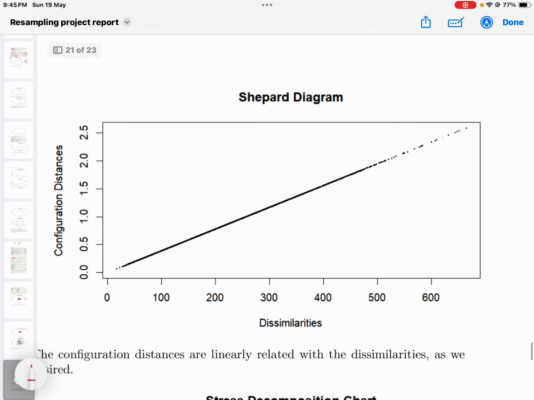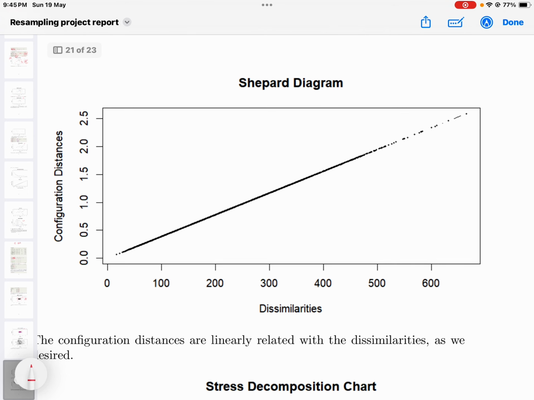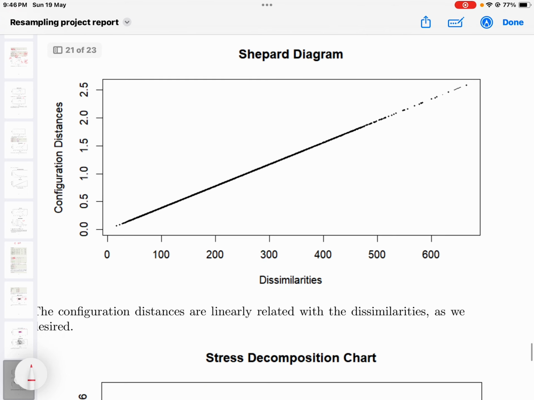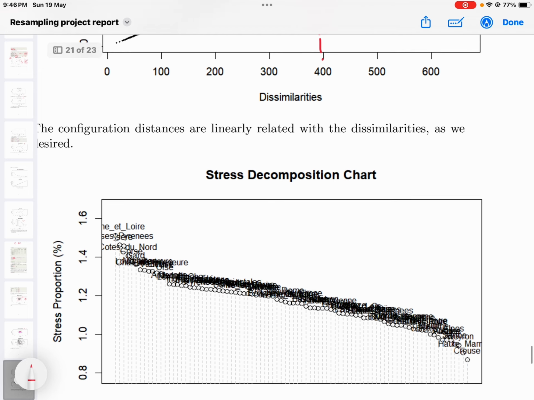This is the dissimilarity versus configuration distance matrix, which also shows a linear relation. Note that if two departmental stores are about 400 kilometers apart, then in the two-dimensional space their respective points will be 1.5 distance apart. This shows a perfect linear relation.